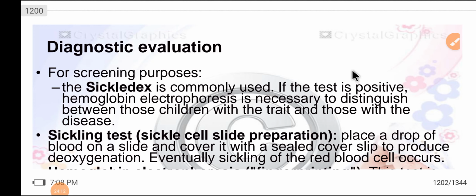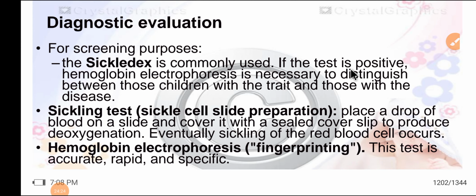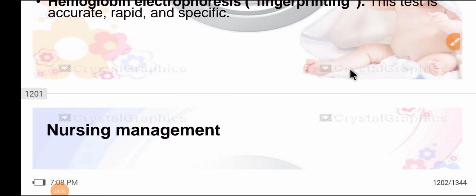Sickling test, sickle cell slide preparation: place a drop of blood on a slide and cover it with a sealed cover slip to produce deoxygenation. Eventually, sickling of the red blood cells occurs. Hemoglobin electrophoresis, fingerprinting: this test is accurate, rapid, and specific.